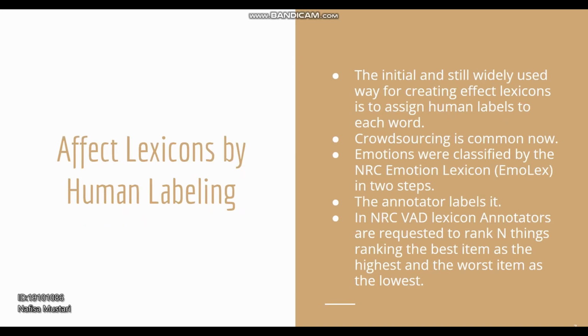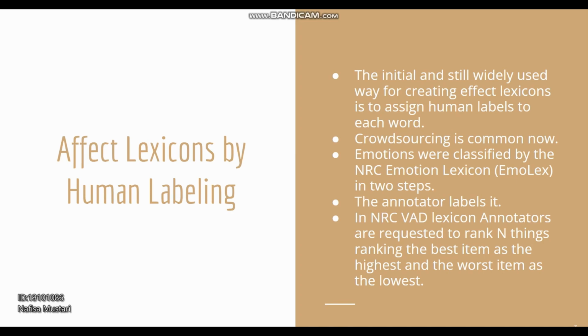Now we come to affect lexicons by human labeling. The initial and still widely used way of creating an affect lexicon is to assign human labels to each word. Crowdsourcing is common now, breaking the assignments into manageable bits and spreading them to a large number of annotators. Emotions were classified by the NRC emotion lexicon in two steps.